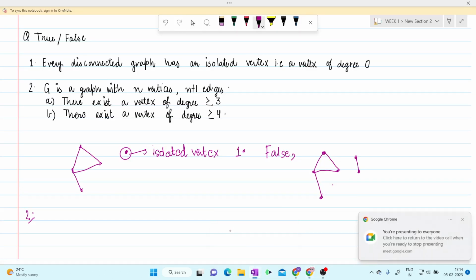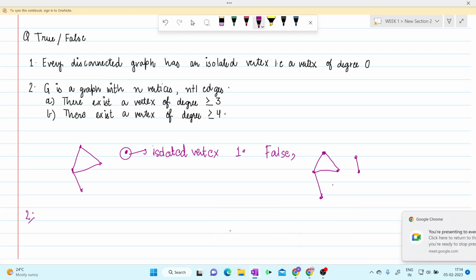Okay, so let's try looking at it. We have a graph G with n vertices, say v1 till vn.